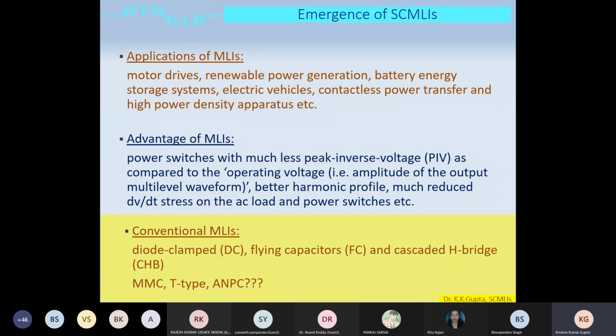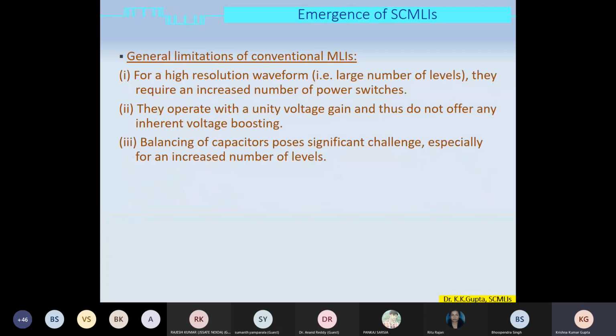Now, since we have numerous topologies, a question may arise: why do we need more topologies, right? There are certain limitations of these conventional topologies. The very first one is that for a high resolution waveform, that is if the number of levels is large, you need a lot of power switches for the structure. Each power switch has its own gate driving unit, its own protection unit, and most of the time its own heat sink also.